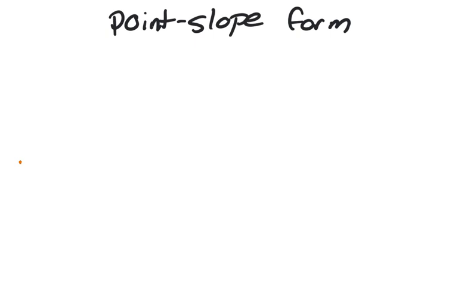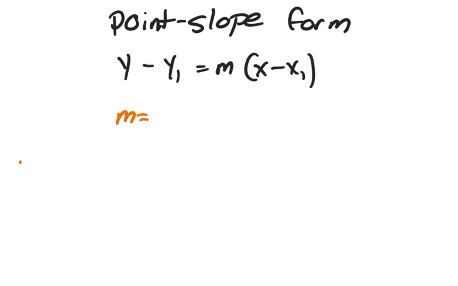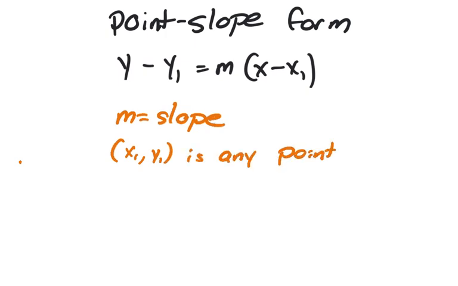So here is what the form looks like. Y minus y1 equals m times x minus x1. In this form, m is equal to the slope. And in this form, x1, y1 is any point on the line.